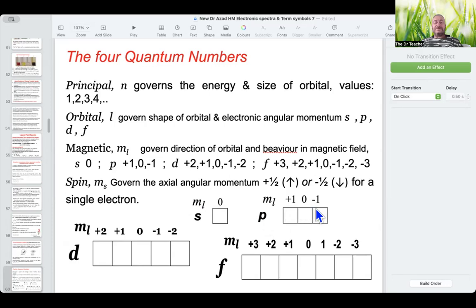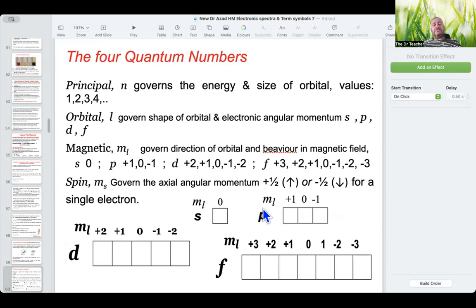So these will show you exactly the position of the p orbital. And +1 is to the left, 0 in the middle. If the electron is found in the -1, it means to the right. And then you have ML. These are the values of ML. So ML, is it +1 or 0 or -1?